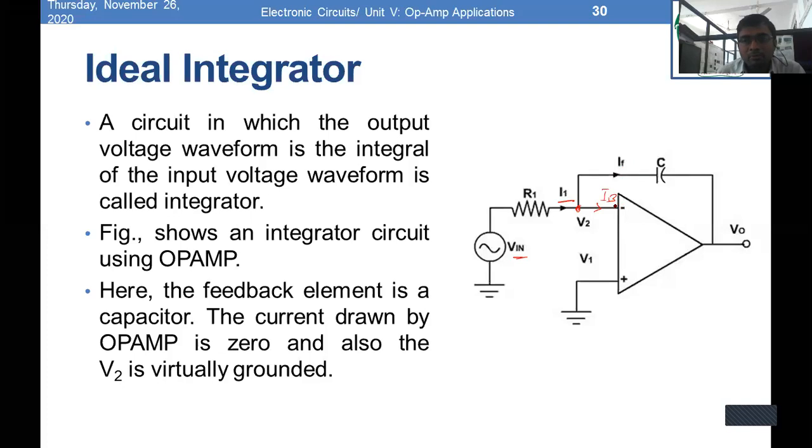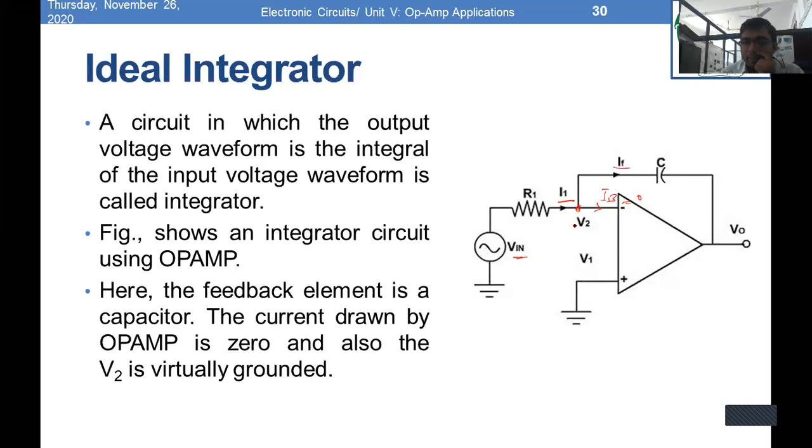IB would be 0 because we know that the gain of the op amp is very high and the input impedance is very high. Because of that, no current enters the op amp. So this current is 0. The whole current I1 is diverted through the feedback network and becomes equal to IF.